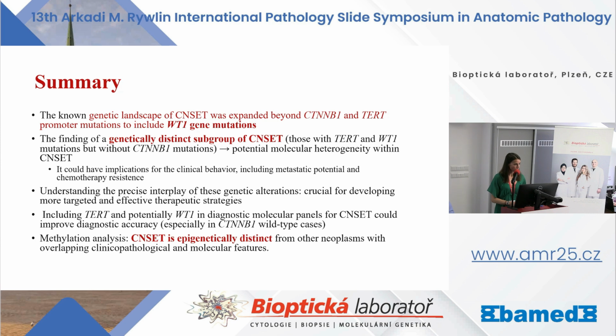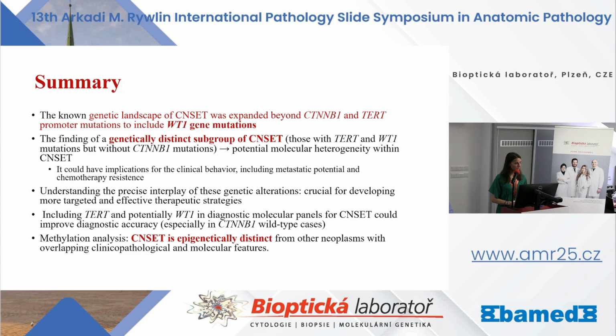So in summary, the known genetic landscape of calcifying nested stromal epithelial tumor of the liver was expanded in the current study beyond the known CTNNB1 mutations and TERT promoter mutations to include WT1 mutations.